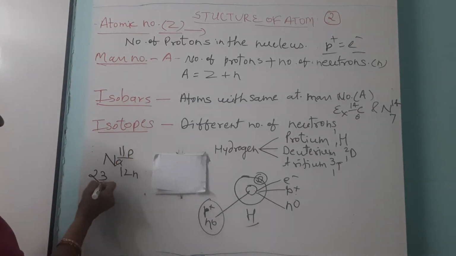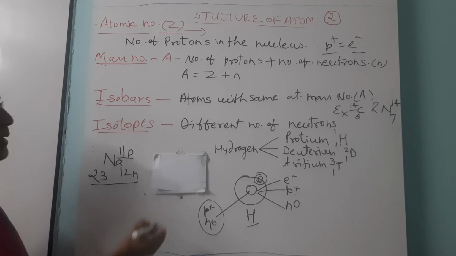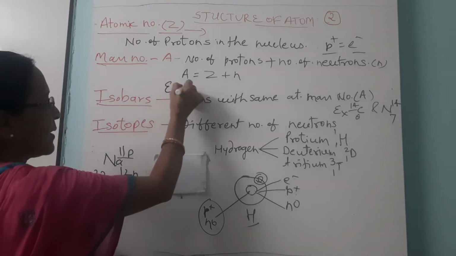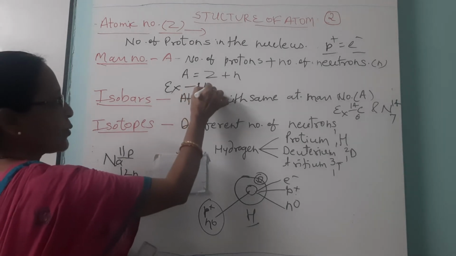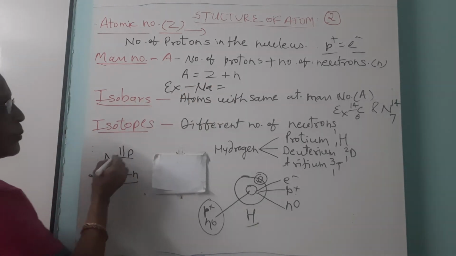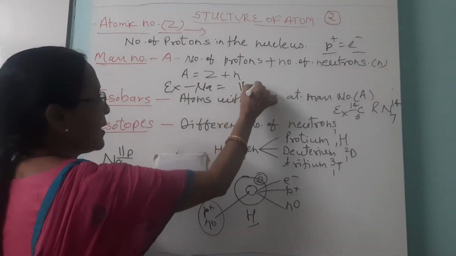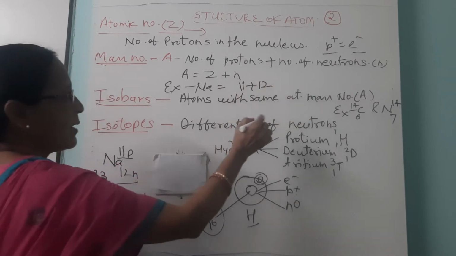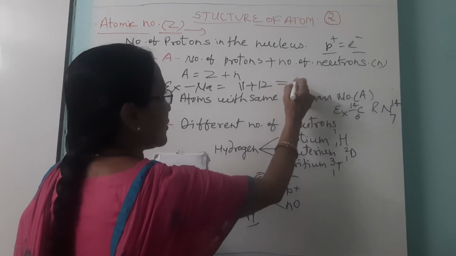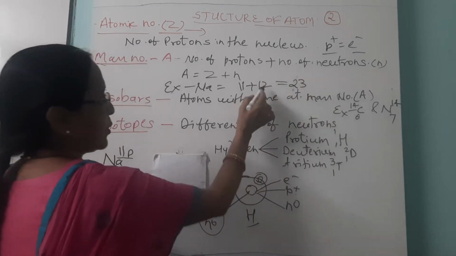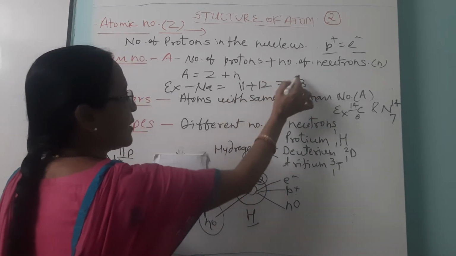Here is an example: in case of sodium, the number of protons is 11 and the number of neutrons is 12. So the mass number of sodium is 23.